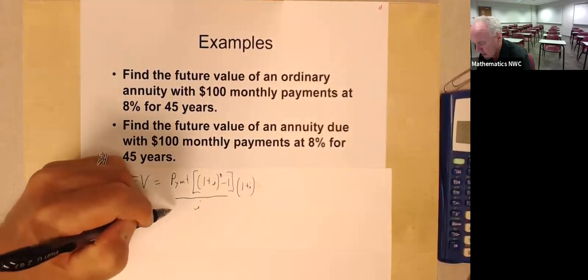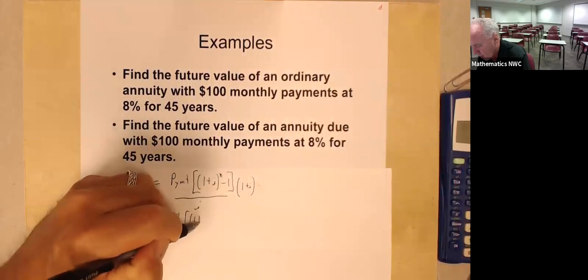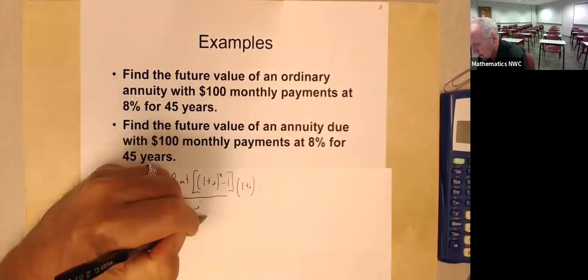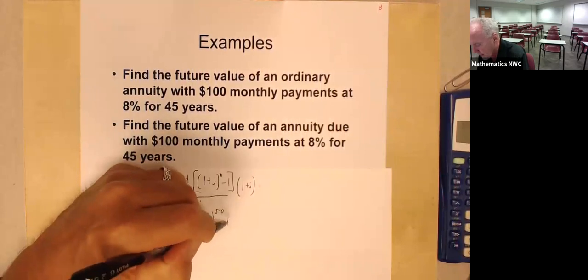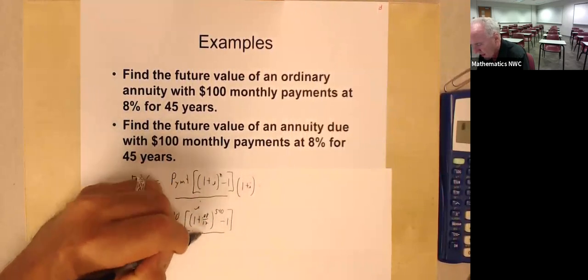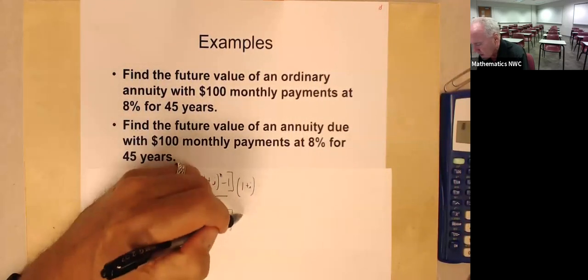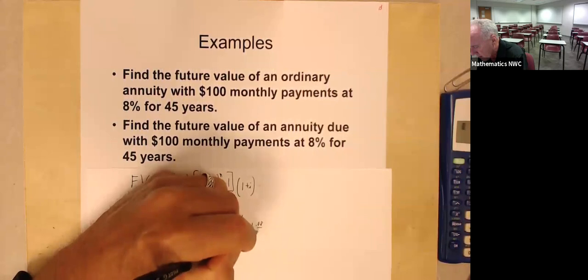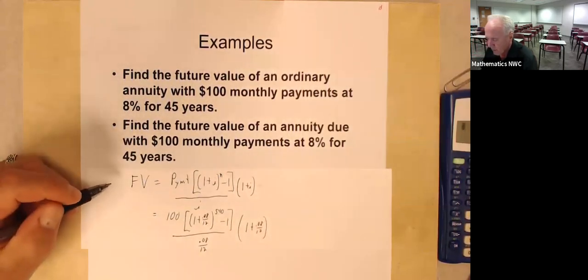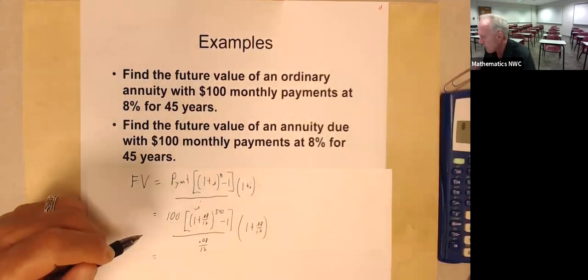You would have substituted the same amount in, 100 for your payment, 1 plus the interest rate, 8% divided by 12. 45 years was 540 like it was last time. Over the i, same i, 0.08 divided by 12. But then when you're all done, you would have multiplied by 1 plus 0.08 divided by 12. Calculate all of this, calculate all of that, multiply them together.